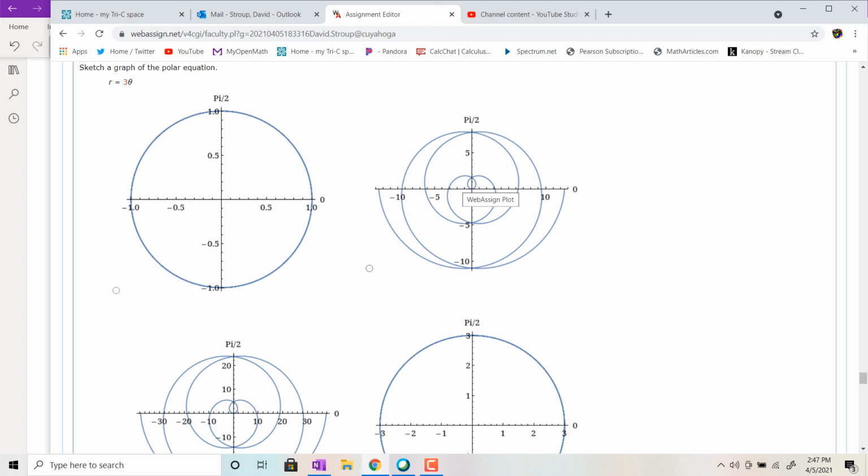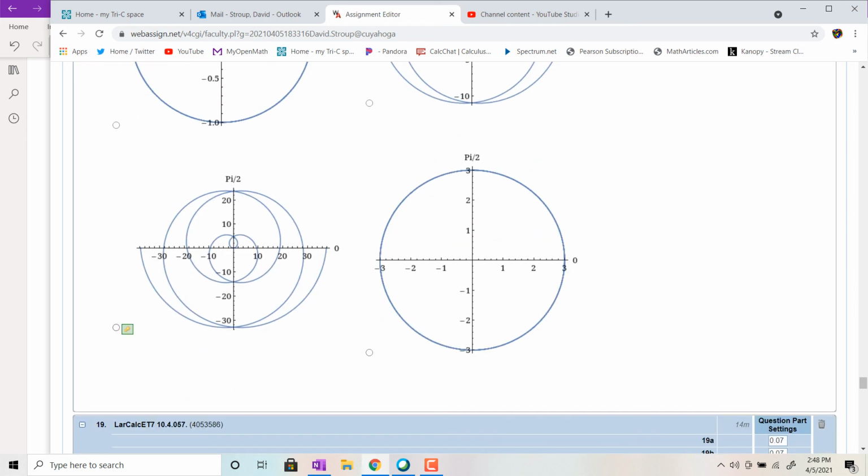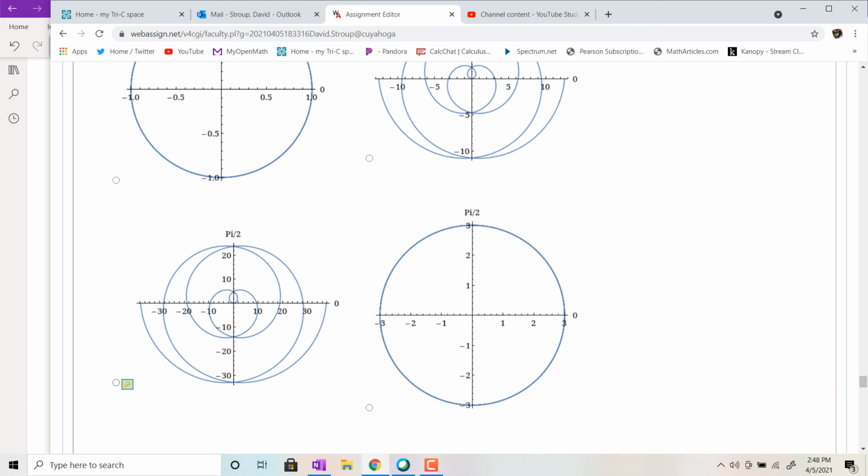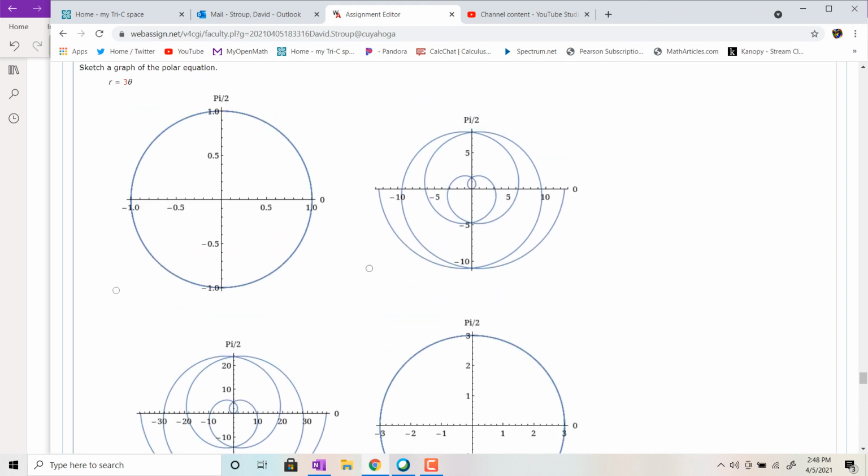So it would be out here somewhere. It must be this guy, is what I'm thinking. So again, at 0, it's 0. At pi over 2, it'll increase to like 1.5-ish. Not even 3.